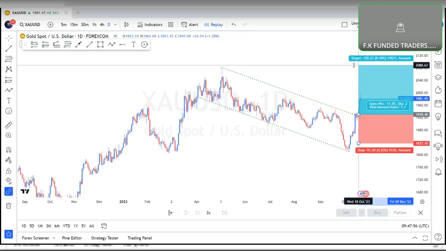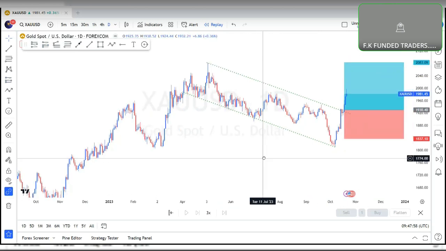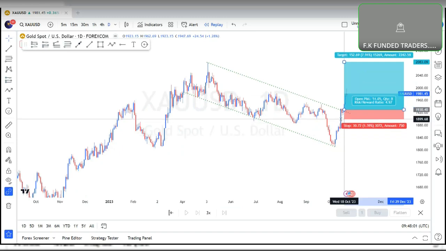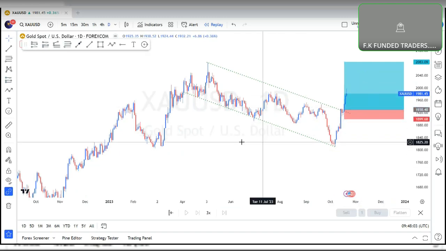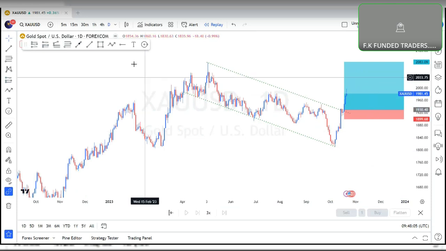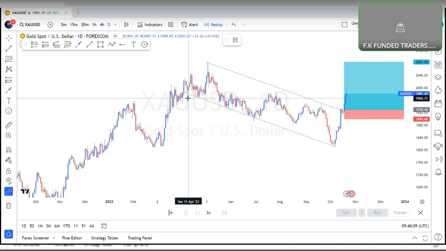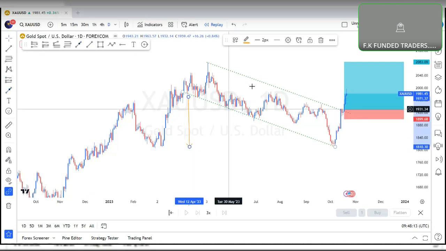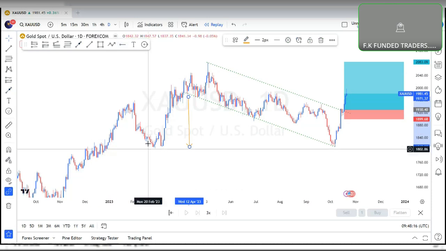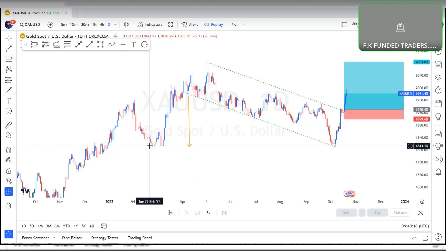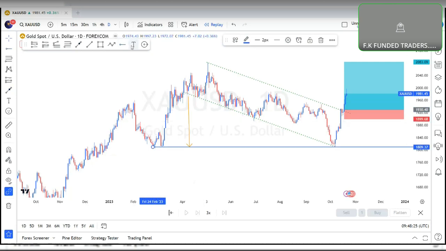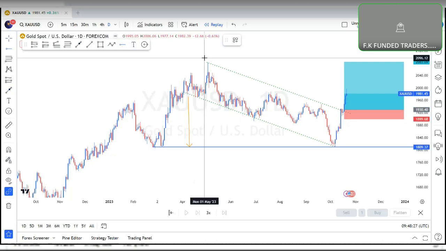Normally, when you use trend lines, you ask where to put take profit and where to put stop loss. Let me show you something. The distance from here to here, and remember the distance in our current moves, it is the same distance.